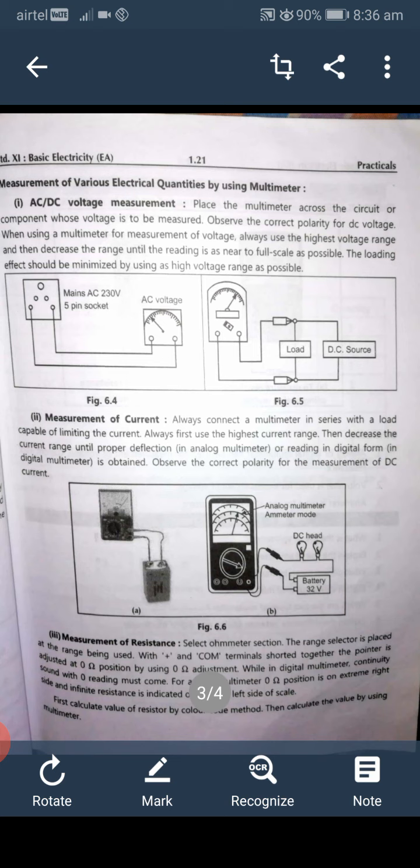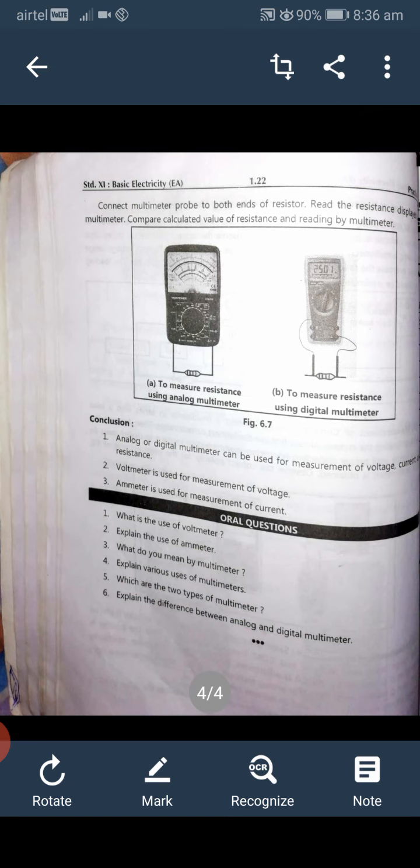First, calculate the value of the resistor by the color code method. Then, calculate the value by using the multimeter. Connect the multimeter probes to both ends of the resistor. Read the resistance displayed by the multimeter.